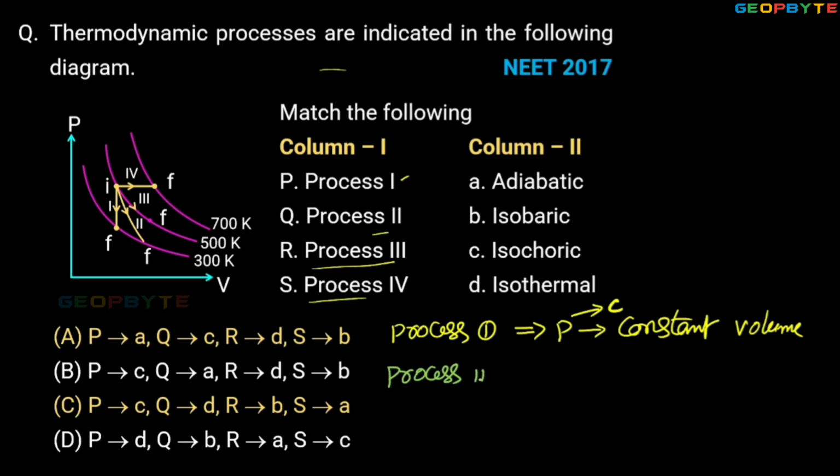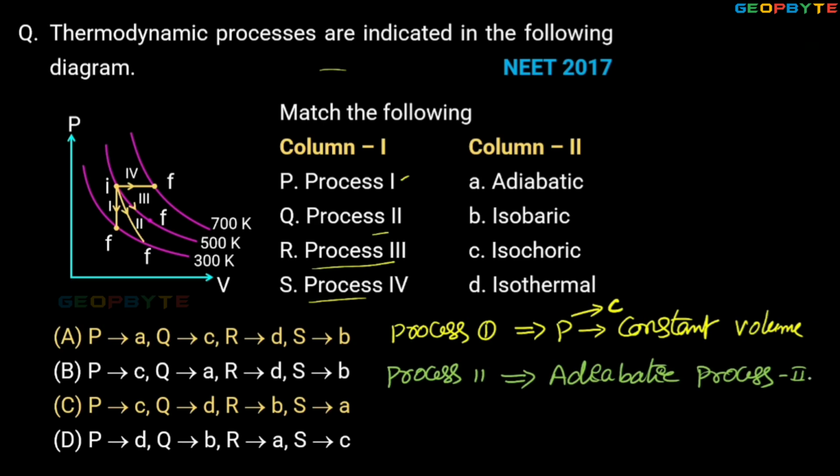Similarly, look at process 2. Among 3 and 2, process 2 is maintaining more slope. So therefore it is an adiabatic process. This adiabatic process is marked as 2.